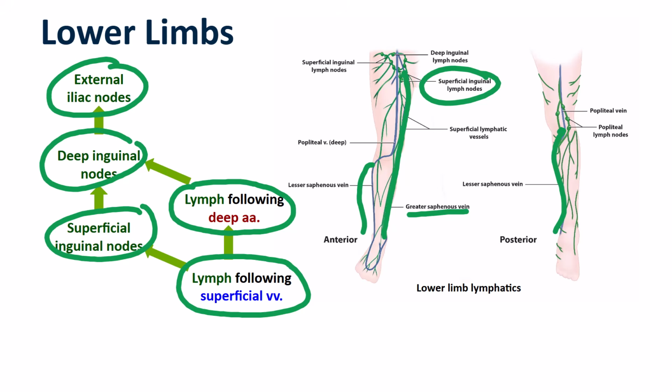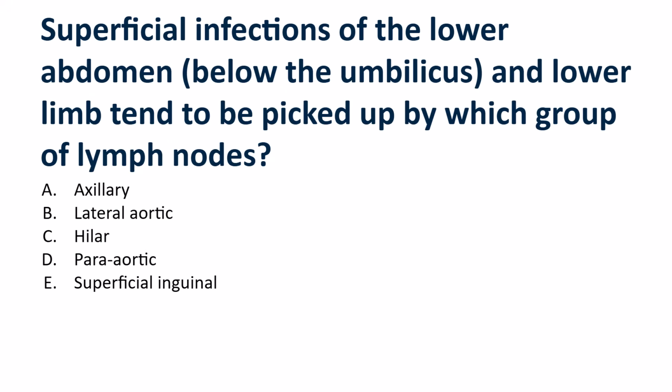Now, the superficial lymph from the lesser or small saphenous is going to enter into the popliteal fossa and follow the lymph that's tracing along the deep arteries. So that would be the popliteal artery, and then the femoral artery, and then the external iliac artery on its way up. So let's assess the knowledge that we've discussed.